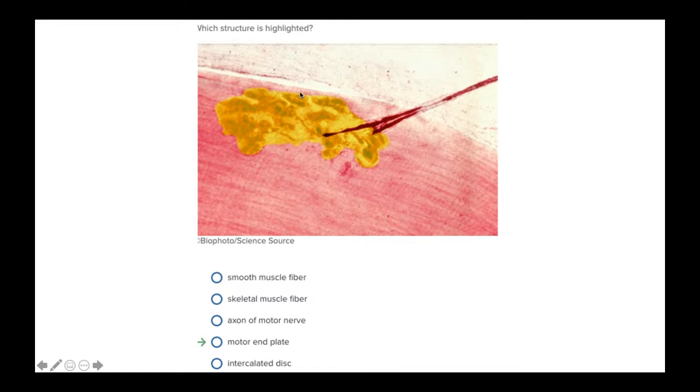And on the motor end plate, there are these receptors, or these channels, if you would. It's a protein channel. Acetylcholine binds to this channel, and when acetylcholine binds to it, the channel opens up. Open sesame, right? So again, acetylcholine is the neurotransmitter.